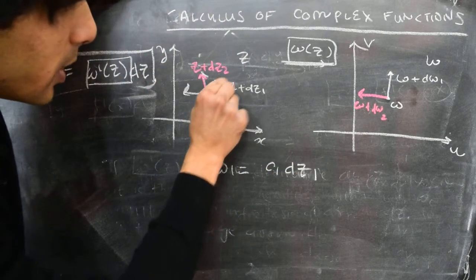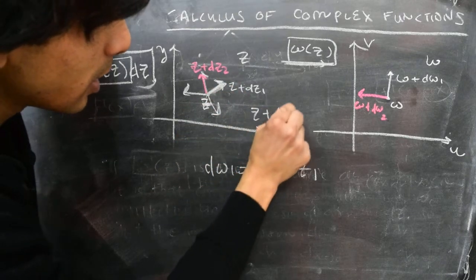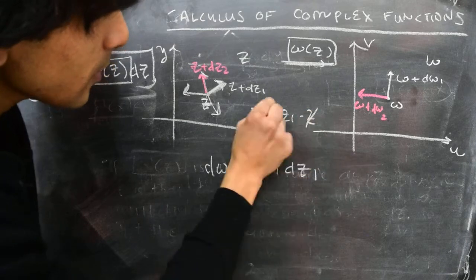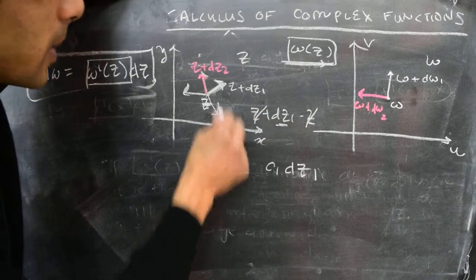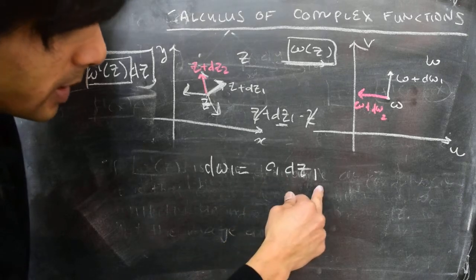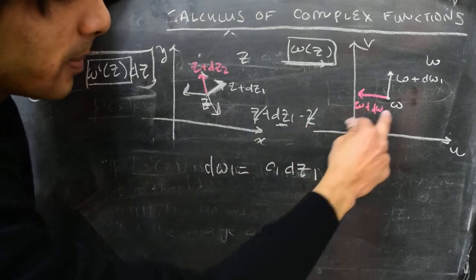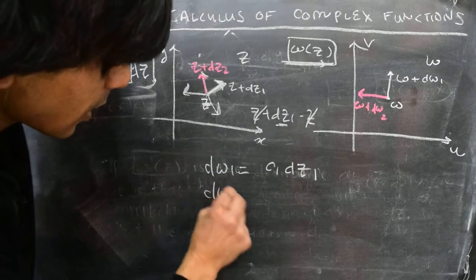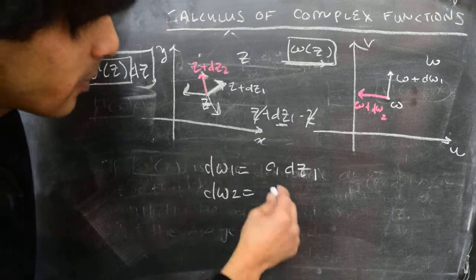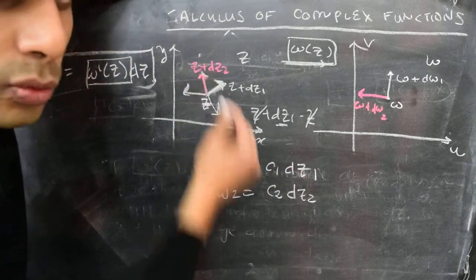This particular arrow is dz1, because this is z plus dz1 minus z, which is dz1. So we multiply this arrow by the complex number c1 to get the image arrow dw1. Likewise, in order to get the image arrow dw2, we might have to multiply dz2 by some complex number c2.